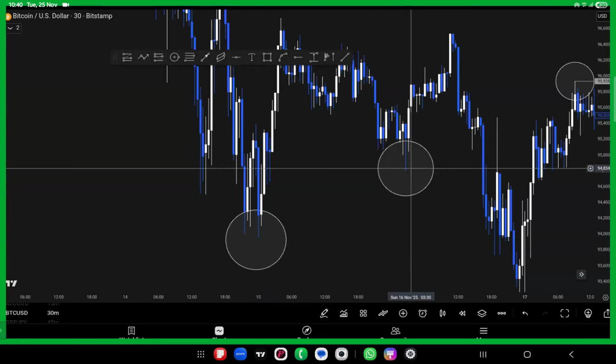So this is how we can subcategorize the basic market structures that we have, in which we have the higher highs, the higher lows, the lower highs, and the lower lows, based on concepts of higher and lower. All right.